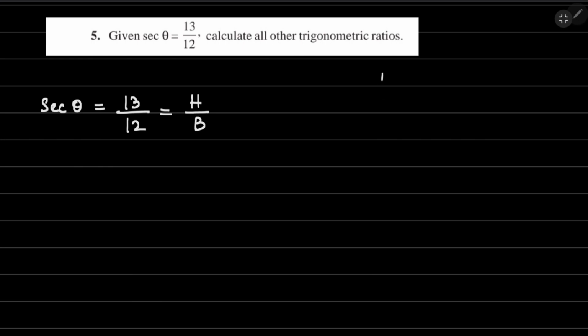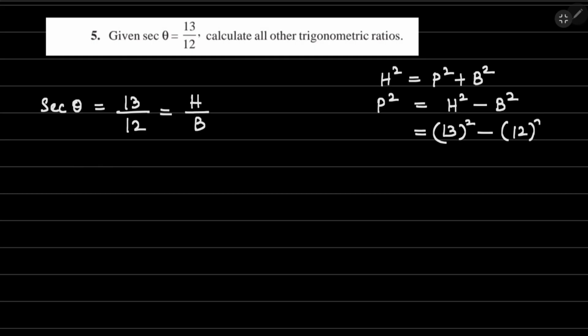Again, let's use Pythagoras to calculate our perpendicular. h square equal to p square plus b square. You know h and b, so p square equal to h square minus base square. Let hypotenuse be 13x and base be 12x.